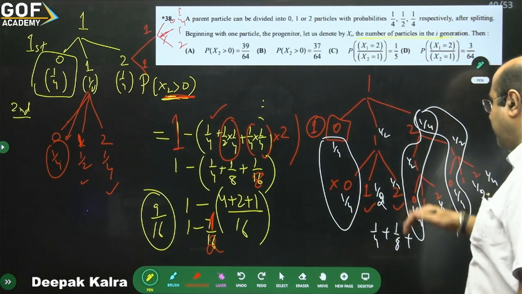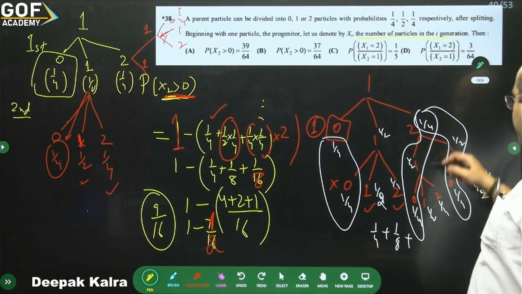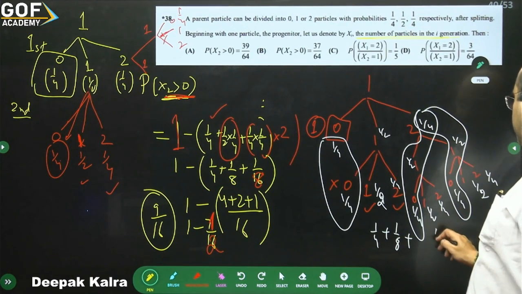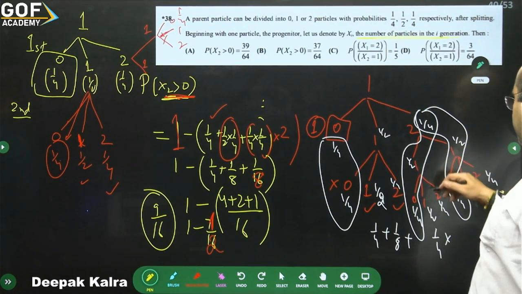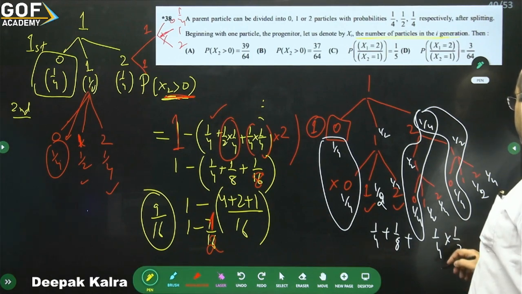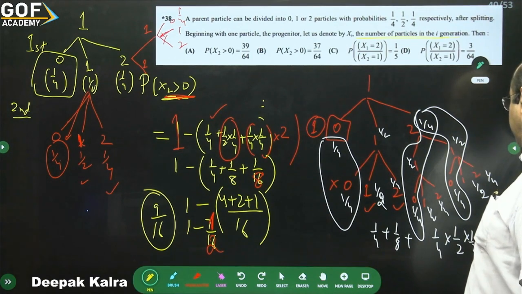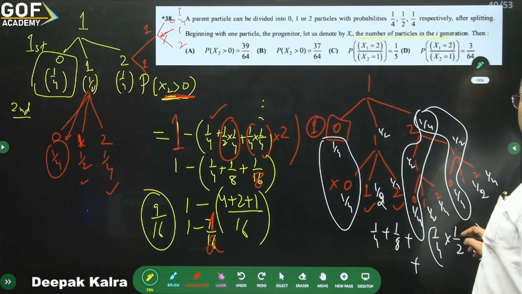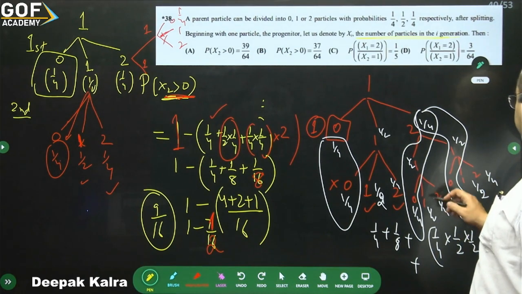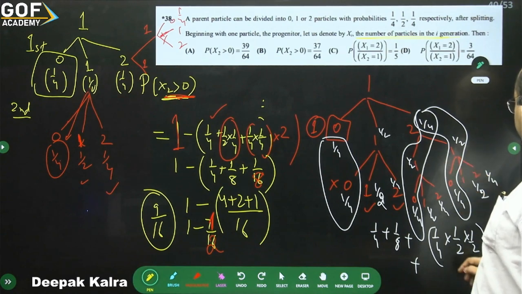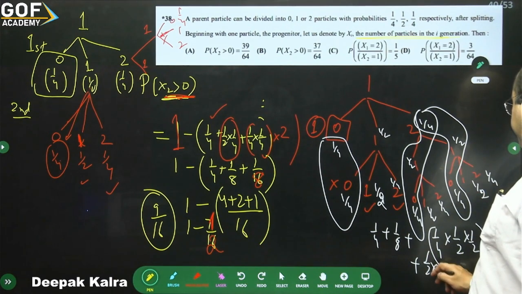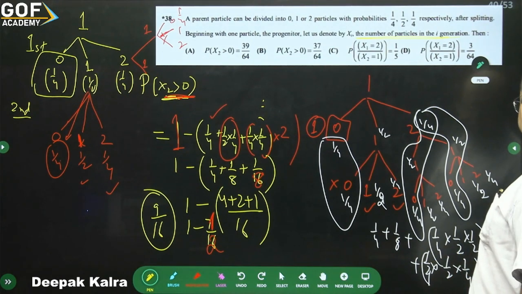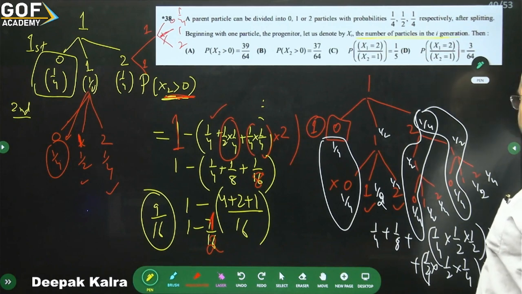If I calculate directly, then you have 1 by 4 multiplied by 1 by 2 multiplied by 1 by 2, twice of it, plus 1 by 4 multiplied by 1 by 2 multiplied by 1 by 4. Two times. Either you do it in this way.